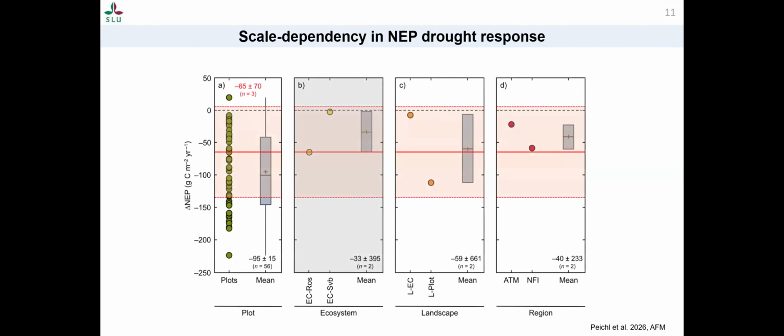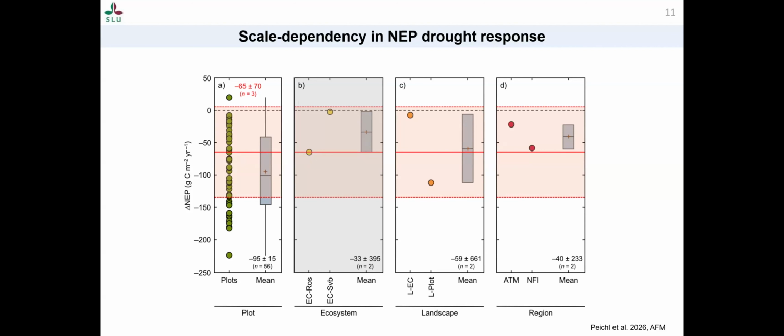And therefore, we plotted here the reduction or the difference in NEP in 2018 relative to 2016, which was an environmentally normal year. And so here you can see the negative difference means that there was a reduction in NEP, and we can see this across all measurement approaches, across all scales.